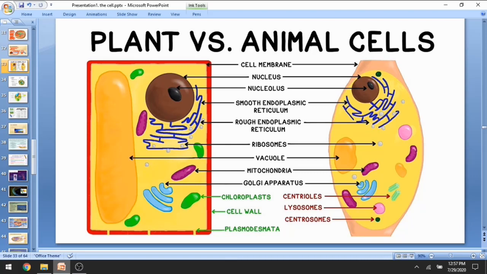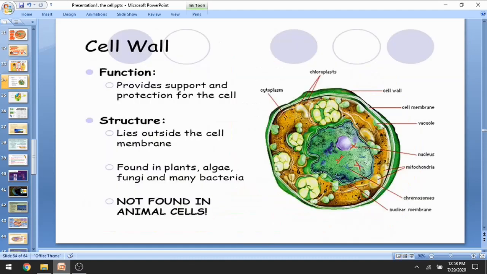In this diagram, I hope you remember, I mentioned a few of the organelles which are common in both plants and animals, while a few other organelles perform different specific functions within plants and animals. Now talking about the cell wall, students, this is the structure of a cell wall.